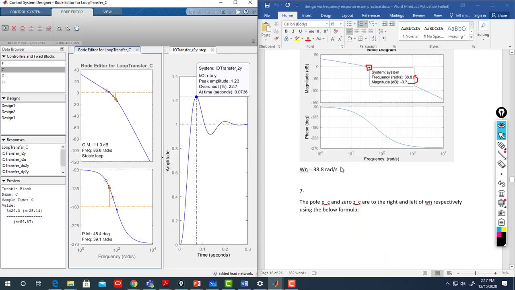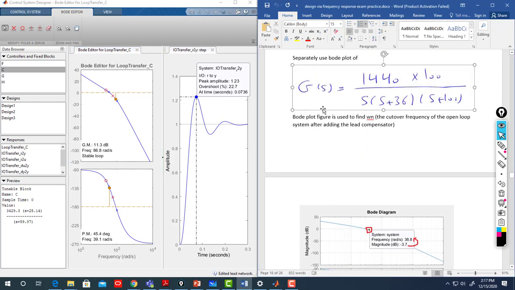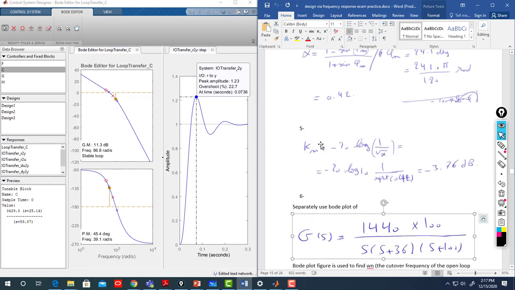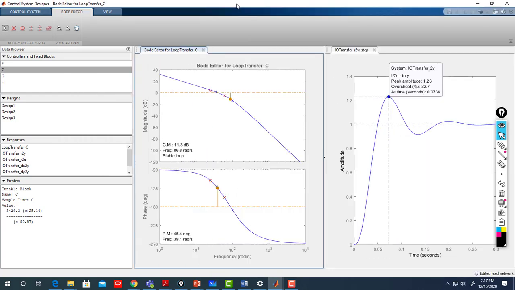And usually researchers try to do it this way, because it's guided movement, so you will reach your goal fast. It's not like you are closing your eyes and moving the pole and zero of the lead compensator. You are moving them around a frequency and in between this frequency.